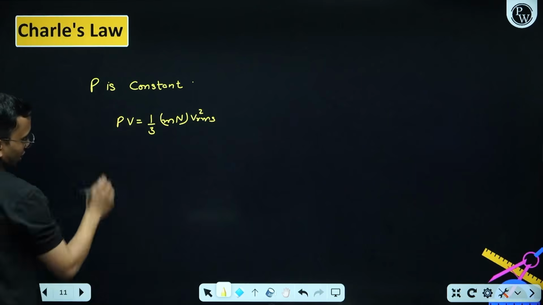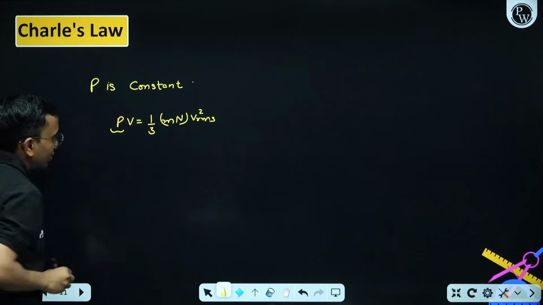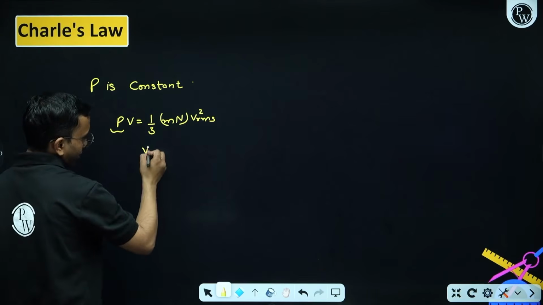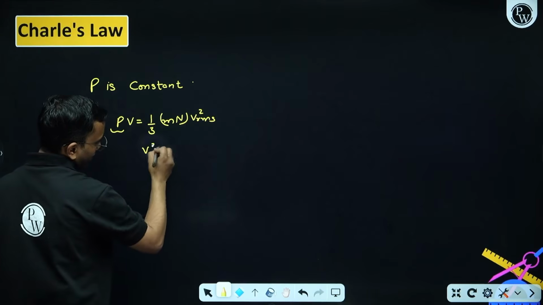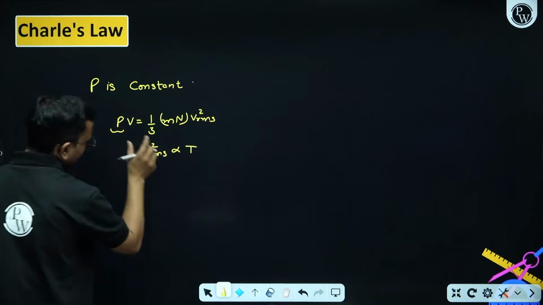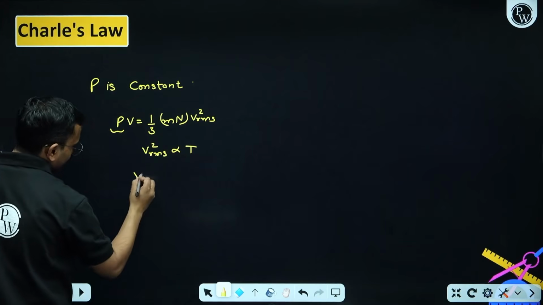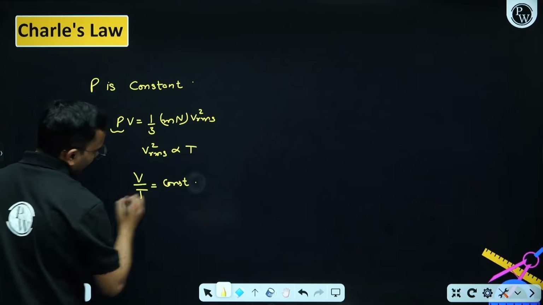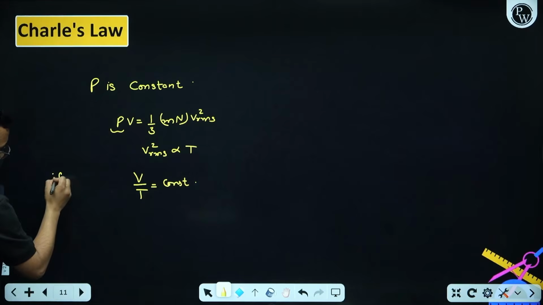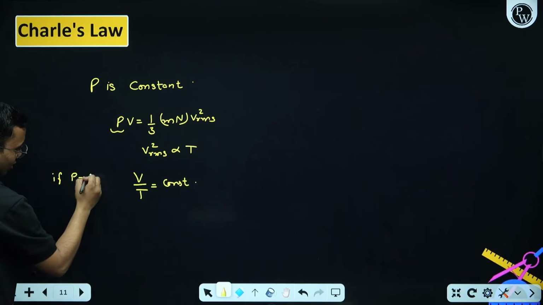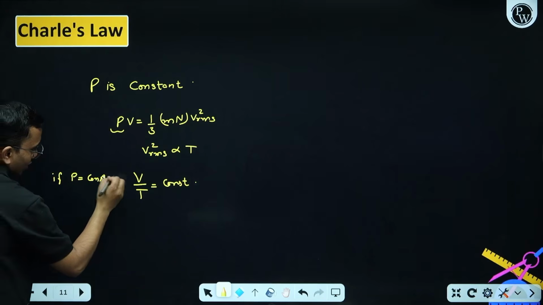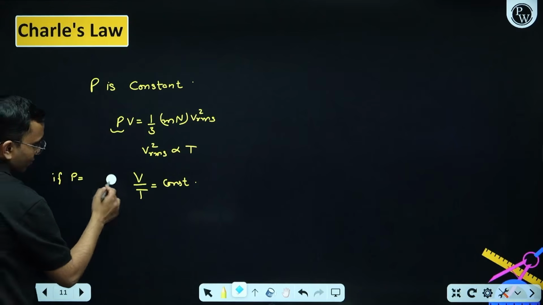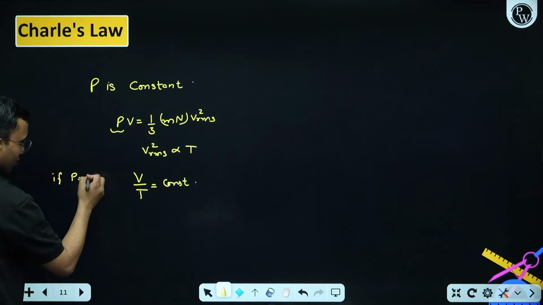If pressure is constant, and V RMS square is proportional to temperature, I can say V by T equals constant, provided pressure is constant.